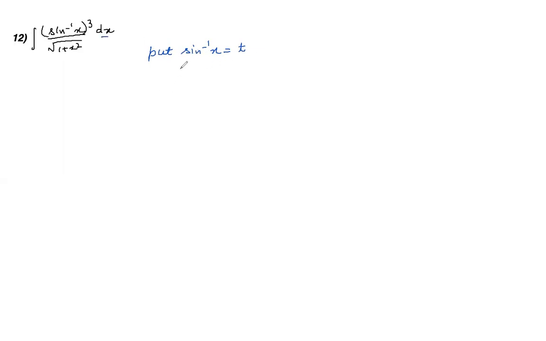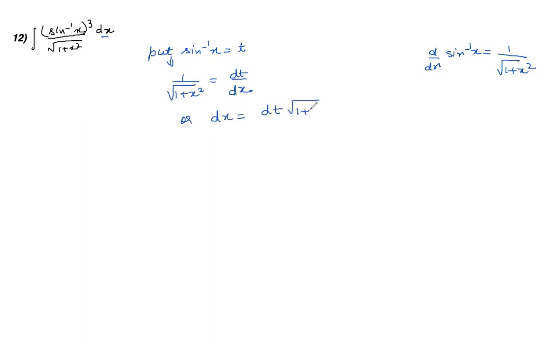So we know that the differentiation of sin inverse x is equal to 1 upon under root 1 plus x square. So it will give me 1 upon under root 1 plus x square is equal to dt upon dx, or I can say dx is equal to dt into under root 1 plus x square.